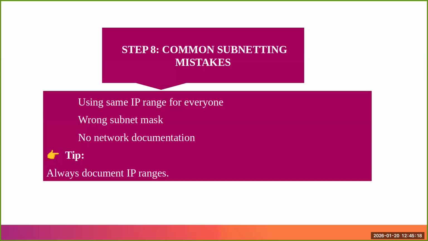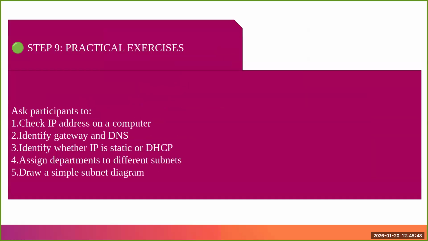If you have a single router in the school, call it your main router, whatever name you call it, and what you have on ETA 1, ETA 2, ETA 3, ETA 4, document it and put it there so that when I come in, if I plug a cable to ETA 4 on the router and put on my system, I should know the IP range I'm expecting to receive. Now, tip, always document IP ranges. Always document. I keep telling us that. Always document.